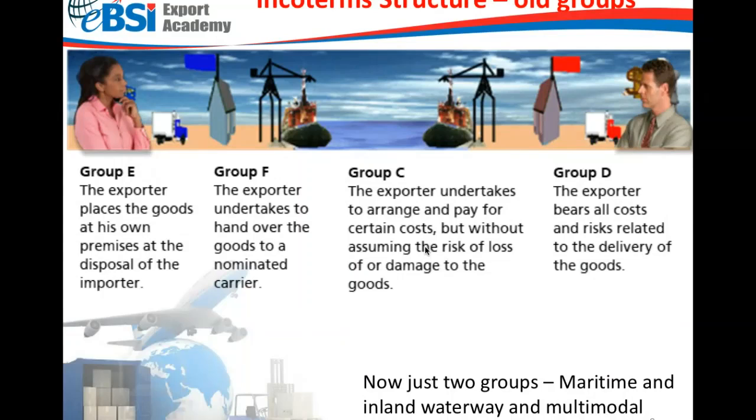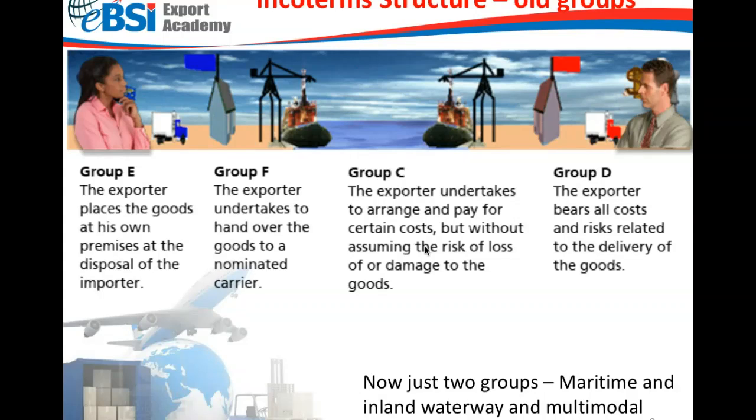The old structure of Incoterms was divided into 4 groups. First of all, Group E, where the exporter places the goods at his own premises at the disposal of the importer. Then the Group F terms, where the exporter undertook to hand over the goods to a nominated carrier.